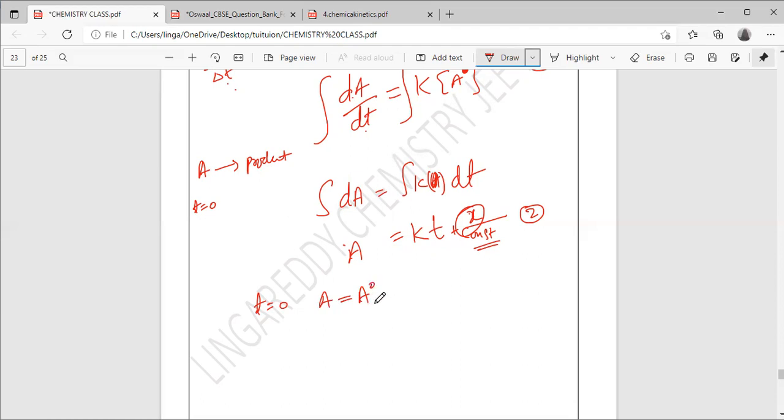A0 means the initial concentration. Here A is the concentration. When t equal to 0, A will be the initial concentration, right? Then put this value here in equation 2. In place of A, it will become A0. That equals k into t. t equal to 0, so k into 0 means 0, plus x. Therefore, x equal to A0.